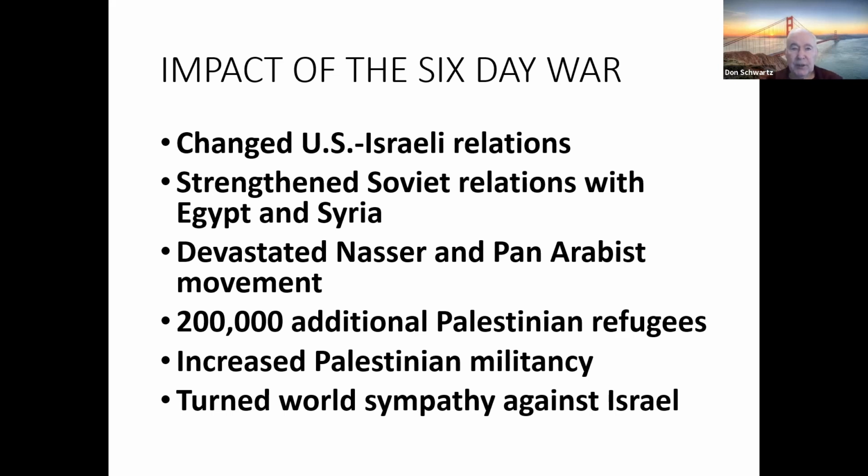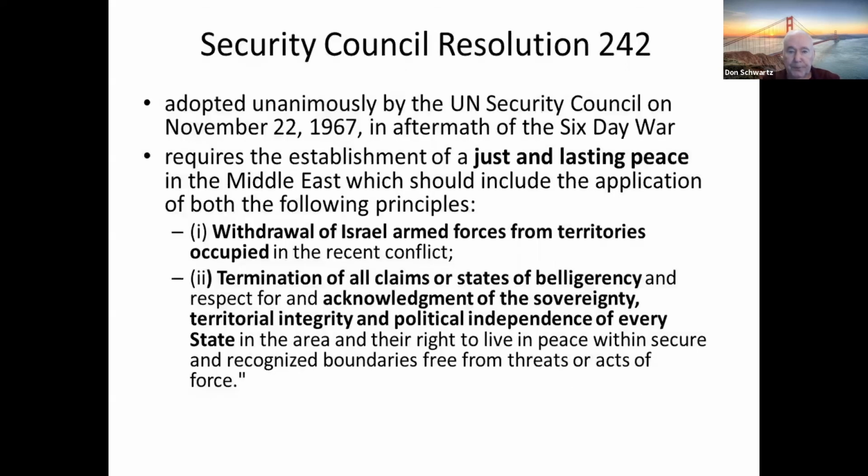The United Nations adopted UN Security Council Resolution 242, which called for Israel to withdraw from the territories it occupied in the 67 war. And it called for Arab states to recognize the legitimacy of Israel.